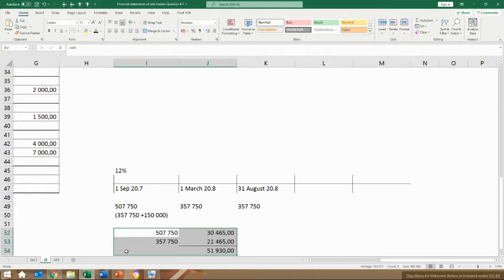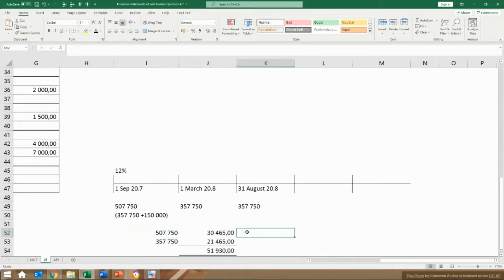So when you do the calculation, you account for the 507,750. You say, okay, fine, from the 1st of September up to 28 February, which is the day before the 1st of March. If I count how many months, it is September, October, November, December, January, February. So it's 6 months.